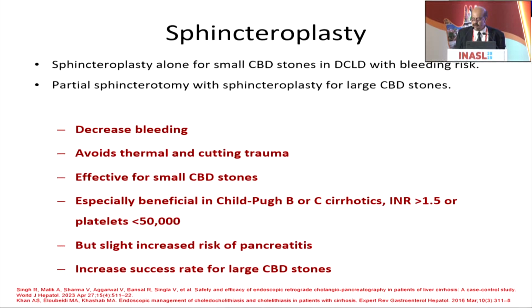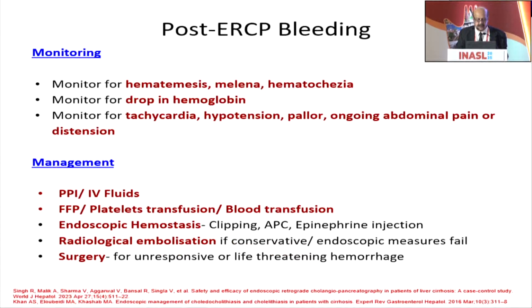It is effective for smaller CBD stones, and it has been shown even for larger CBD stones that the requirement for mechanical lithotripsy is less. So, especially it is beneficial in patients with Child's B or C status with INR more than 1.5 or platelets less than 50. But there is a slight increase in chance of pancreatitis in these patients.